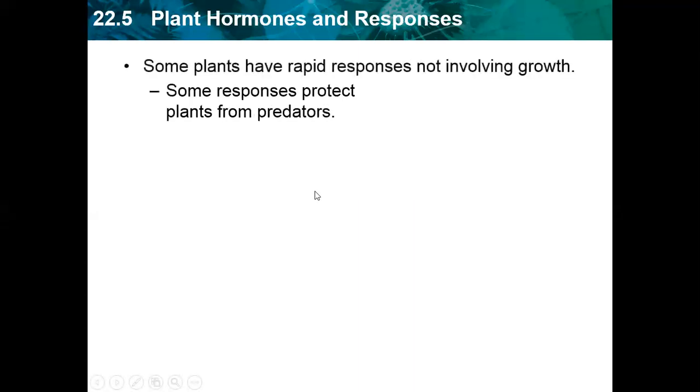We also have some plants that have a rapid response, not involving growth. Examples are plant responses that protect plants from predators.